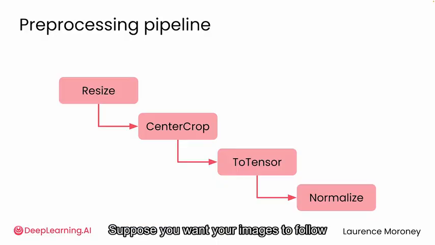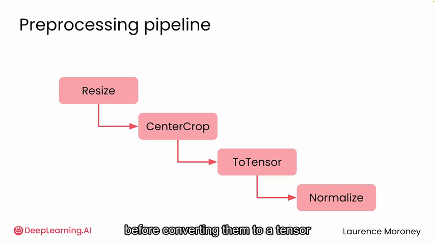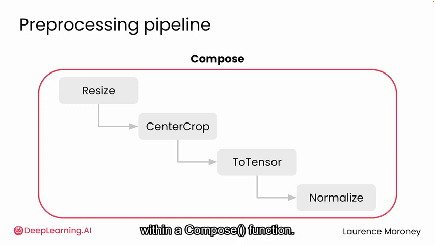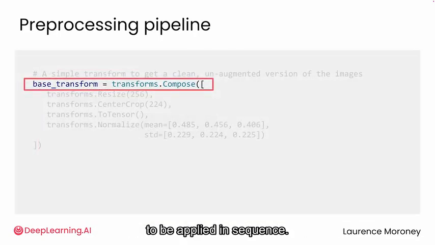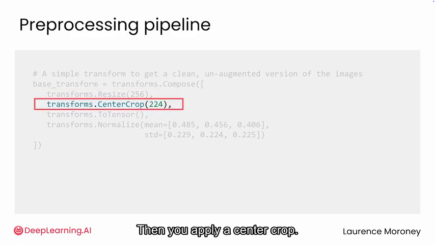Suppose you want your images to follow a specific sequence of pre-processing steps, such as first resizing them and then applying a center crop before converting them to a tensor and finally normalizing them. TorchVision allows you to create such a pipeline within a Compose function. In code, it would look like a list of operations to be applied in sequence. First, you resize the image. Then, you apply a center crop.